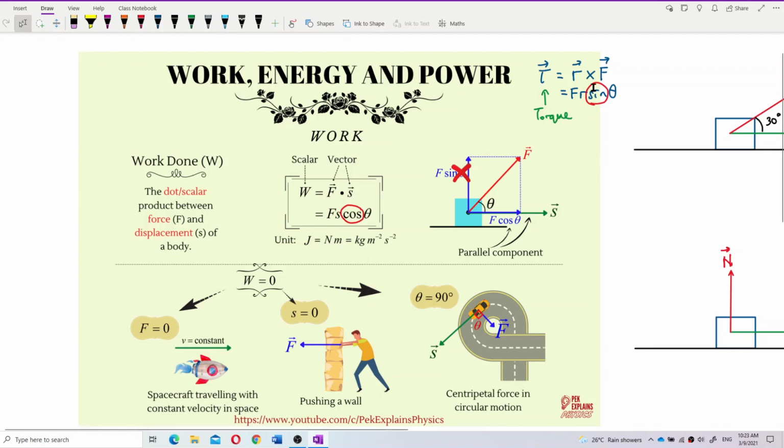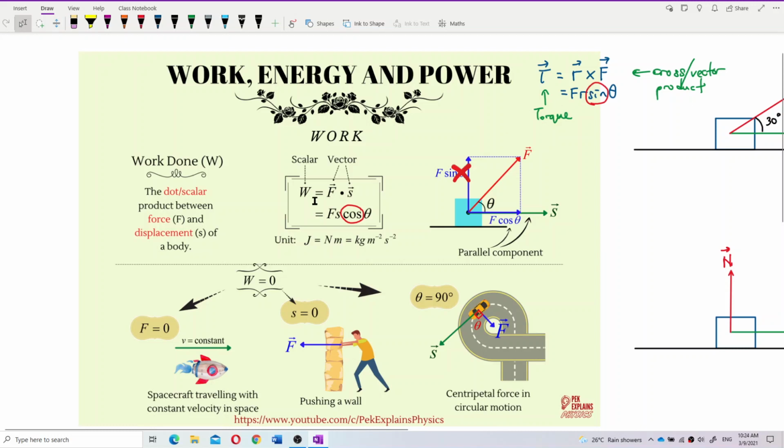For a cross or vector product, we use sine theta, but for dot product we use cos theta.